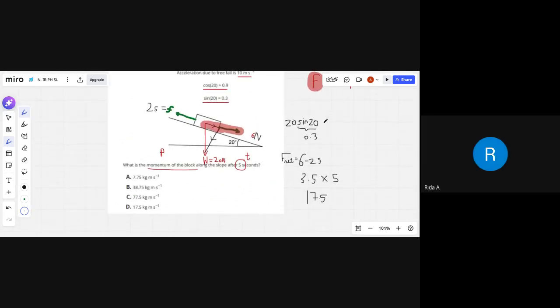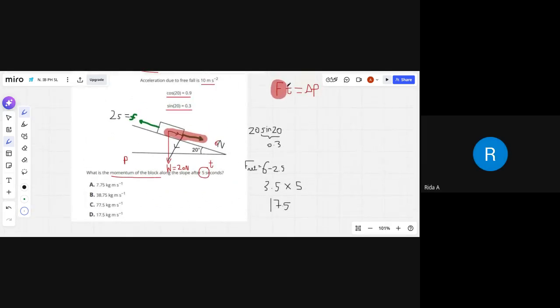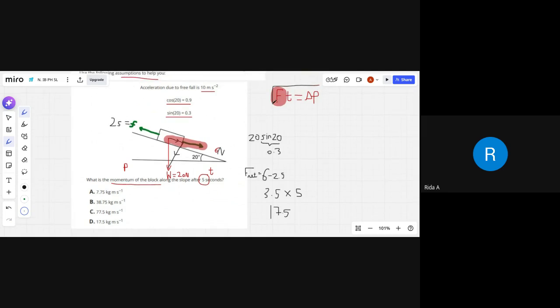Basically, what I'm doing here is using the formula that you suggested: Ft equals change in momentum. Your net force F is 3.5. Are we good with that? And your time taken is 5 seconds. Are we good with that? Yeah.